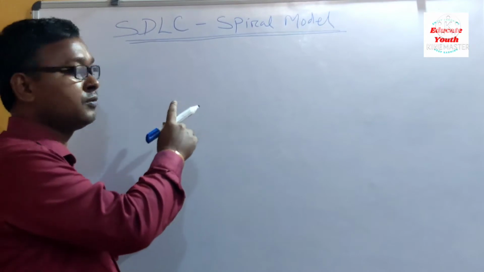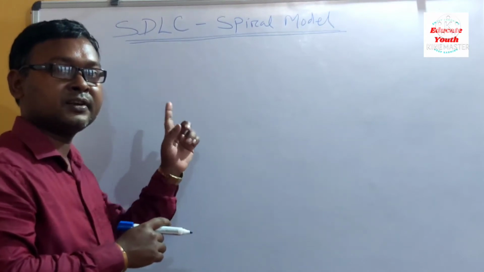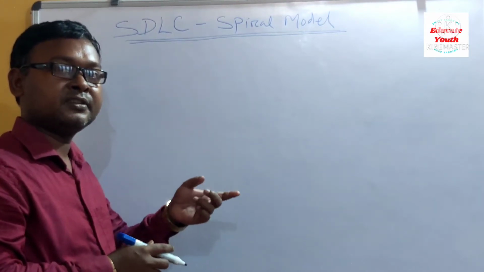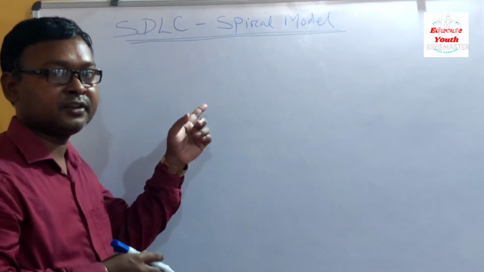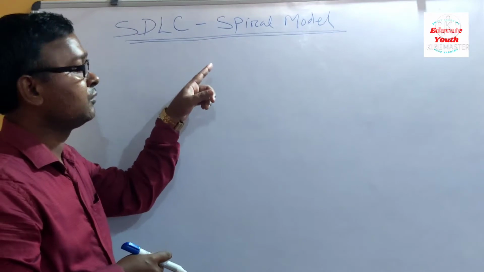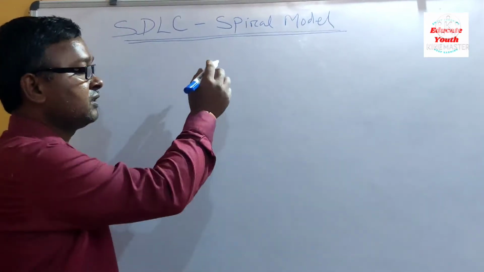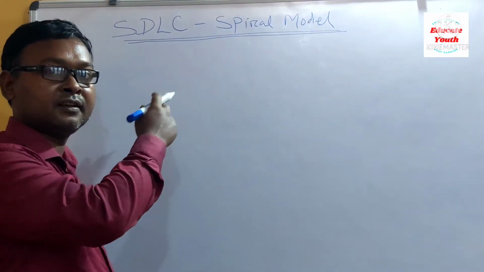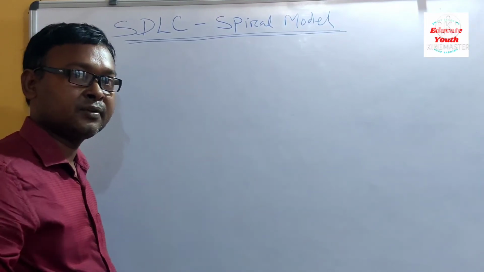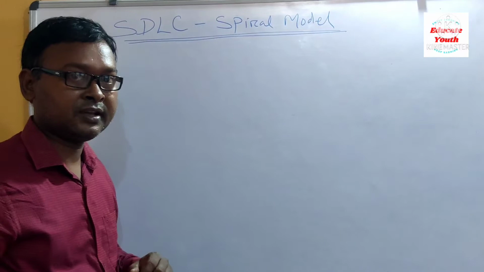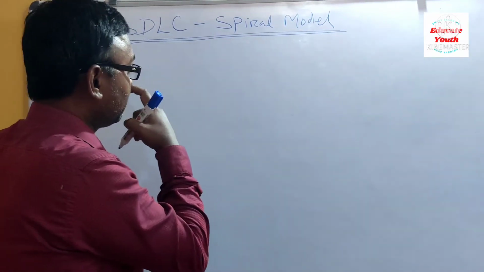If you don't know what the waterfall model and the iterative model are, you can visit my previous videos and learn about them, and then come to this video to learn about the spiral model, as knowledge of the waterfall model and iterative model is very much required to understand the spiral model. Okay, so let us start the spiral model.